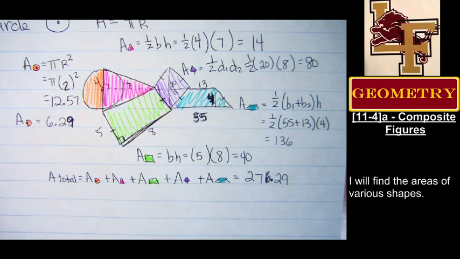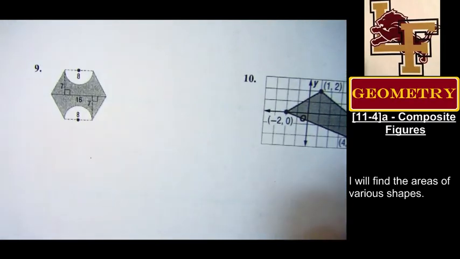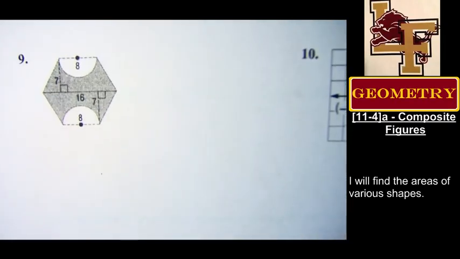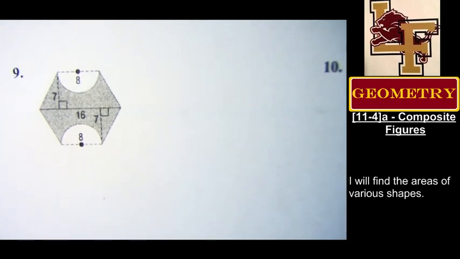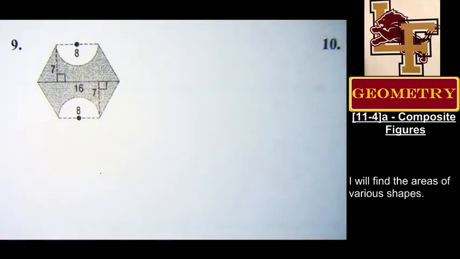All right. Let's look at the homework assignment real quick, because I feel like number 9 might confuse you. Mostly because that big shape is a hexagon. And I haven't told you how to find the area of a hexagon. But I mean, it's divided into two trapezoids.